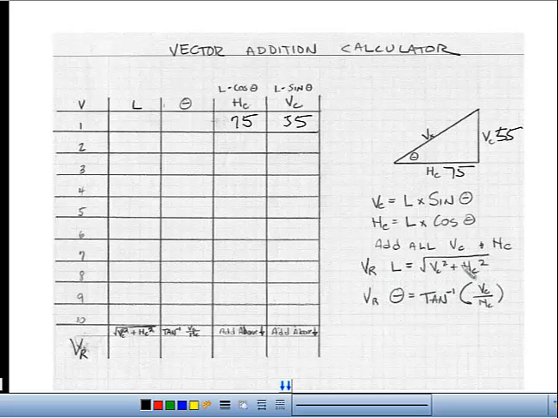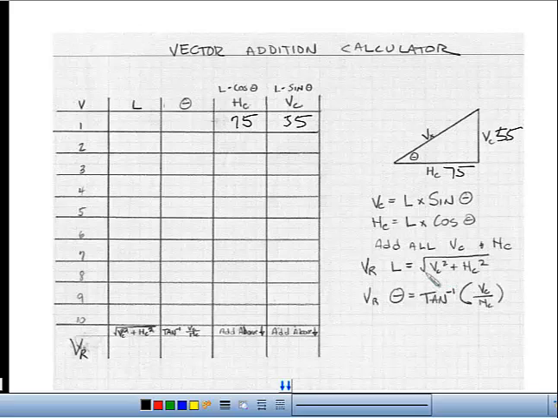Pythagorean theorem. Knowing the opposite and the adjacent, the vertical and the horizontal, use Pythagorean theorem. That should look familiar. That's how we're calculating voltage drops in a series RL circuit, and how we're adding currents in parallel when you have RC or RL, any vectors that are 90 degrees out of phase with each other.